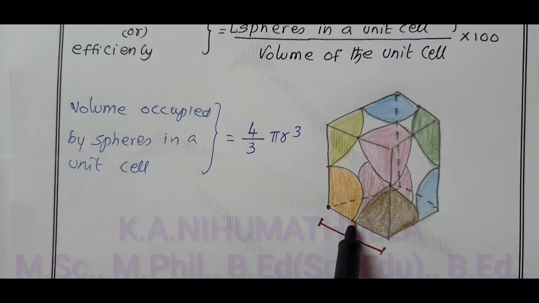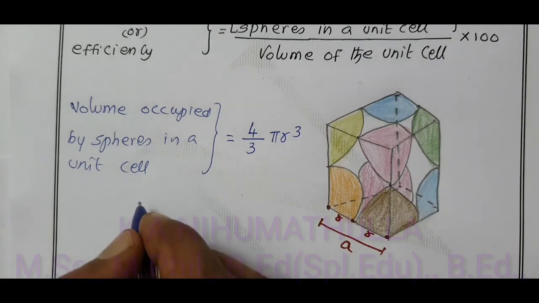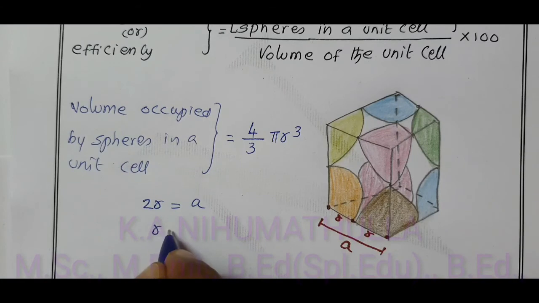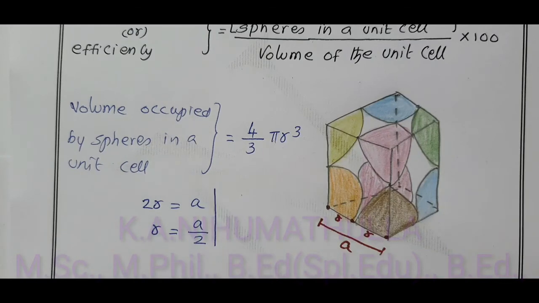Here you have one semisphere, another semisphere. This is one r value, this is another r value. So in simple cubic, 2r equals a. Therefore, r equals a by 2.